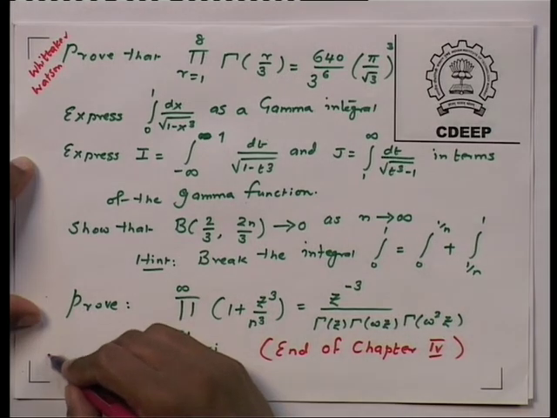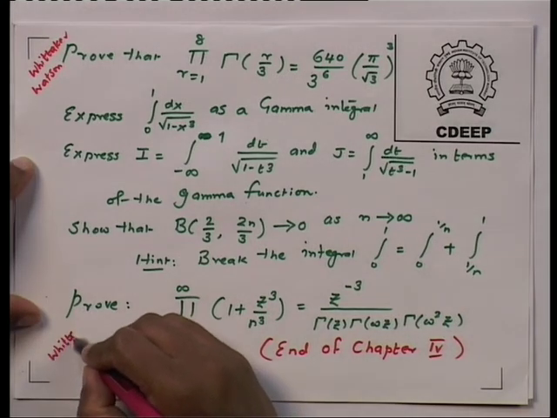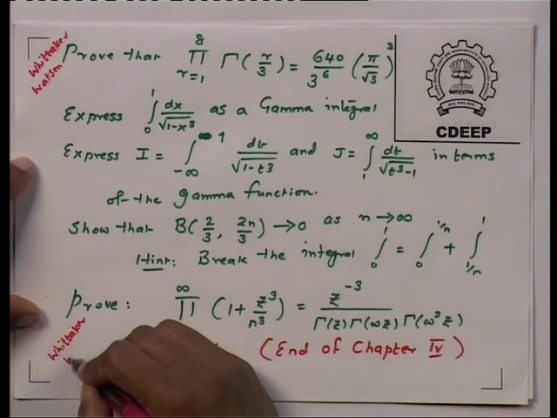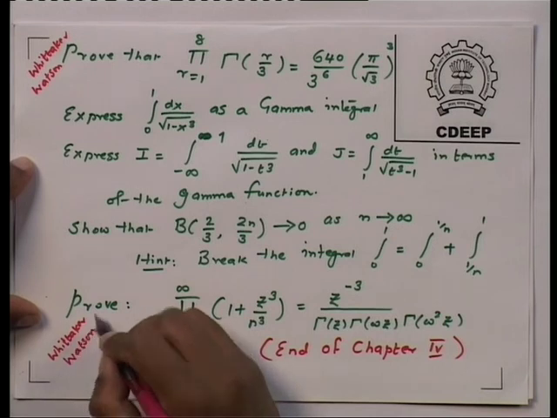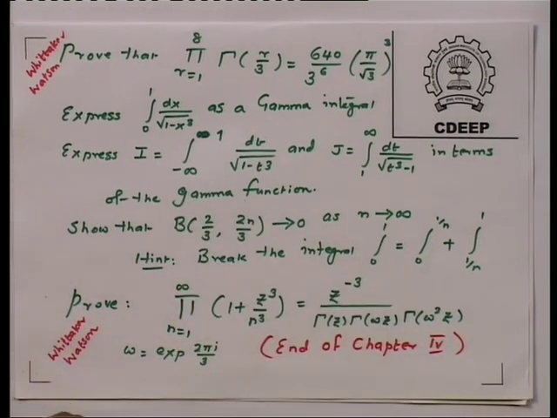This is also from Whittaker and Watson. The sum is from 1 to 8. What happened? No, it's not infinity, it's 8.